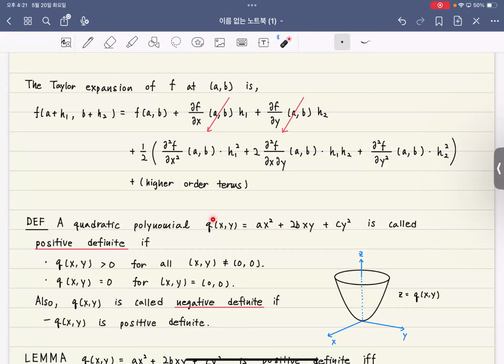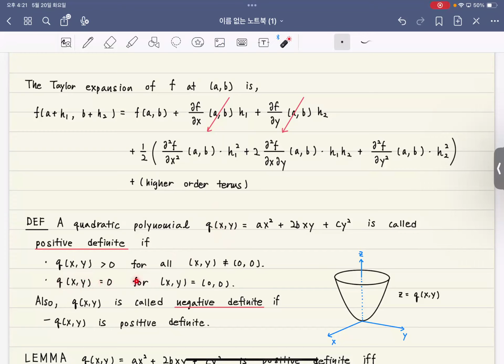This quadratic polynomial can be considered as a two-variable function, a function depending on x and y. And this quadratic polynomial equals 0 when x and y both equal 0. So this is a trivial zero of this function Q. But in order to be positive definite, this is the only possible option for Q(x, y) to equal 0.